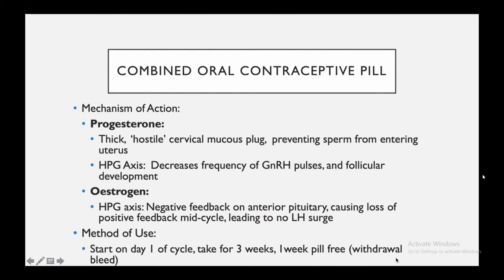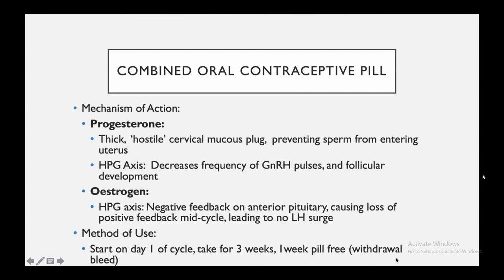So when talking about combined oral contraceptive methods, to highlight, progesterone acts on the HPG axis and decreases the frequency of GnRH pulses and the follicular development by inhibiting FSH. And estrogen also acts as a negative feedback on the anterior pituitary and decreases your LH, which leads to no LH surge.